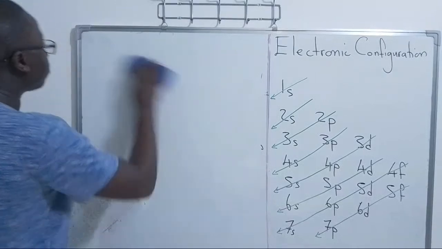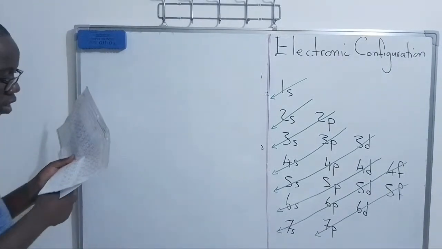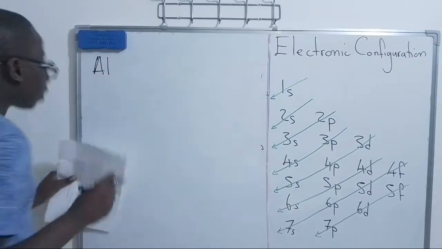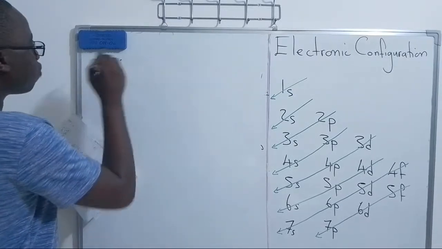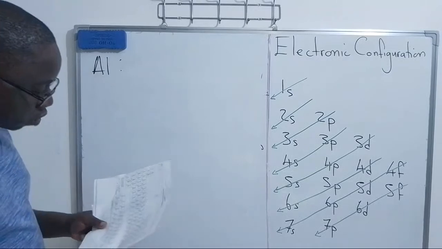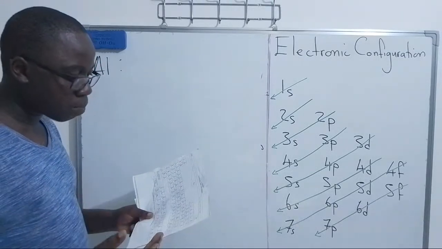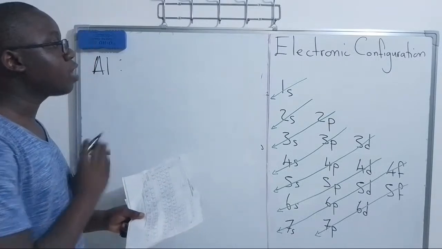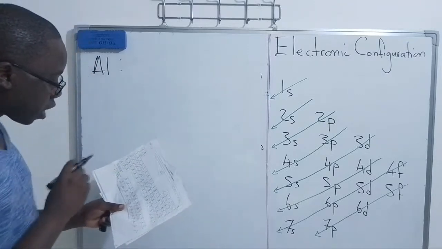We'll do 3 examples in our live session today. So the next example we can try is aluminium. Let's look at aluminium. Then after aluminium, we'll do iron. So aluminium, when you have the periodic table, you will notice that the relative atomic mass of aluminium is 27, but for writing the electronic configuration, we use the atomic number rather.